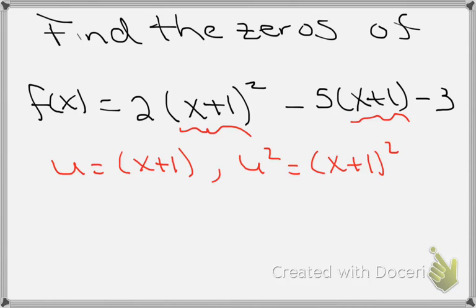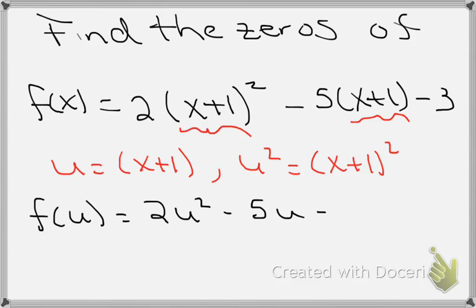And then you could substitute that in, and you would have a function of u that was equal to 2u squared minus 5u minus 3. And you could do whatever you wanted to with this new quadratic function of u. Just remember at the very end that you'd have to go back and replace all the u's with x plus 1s, and then you could finish your problem.